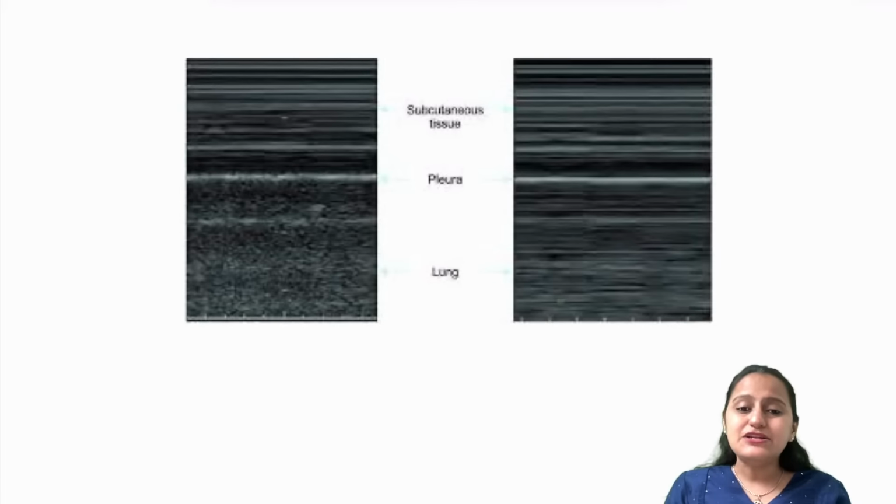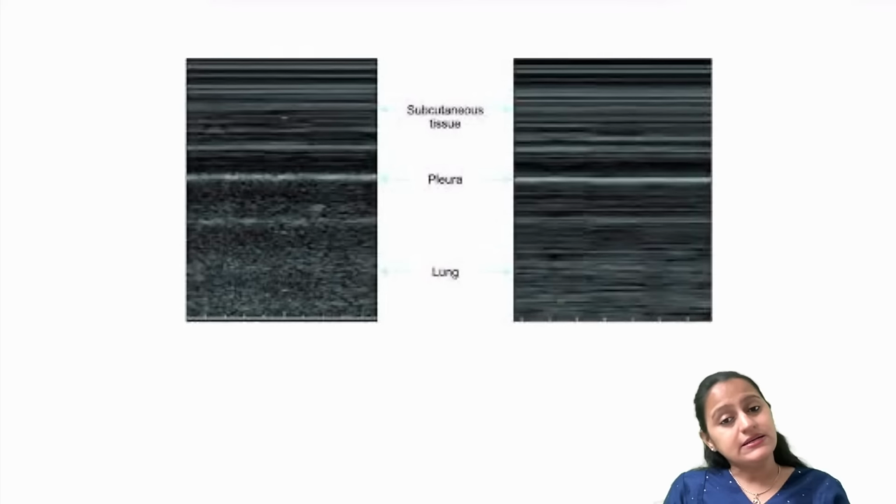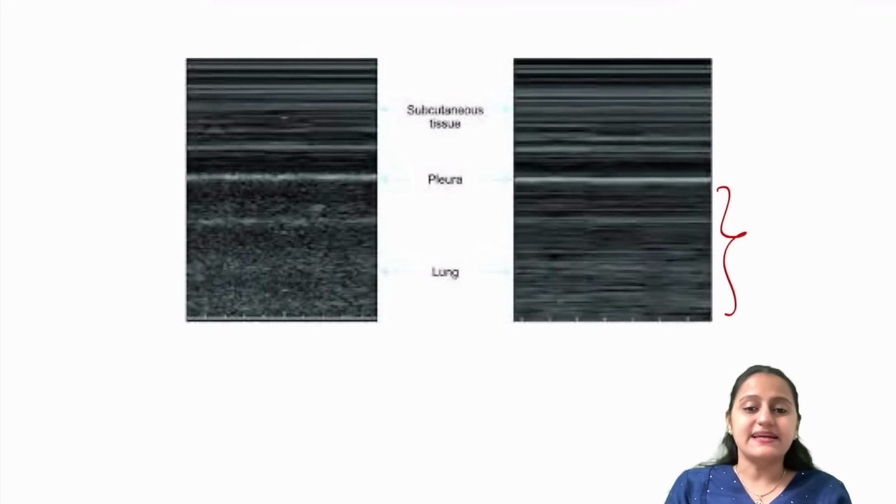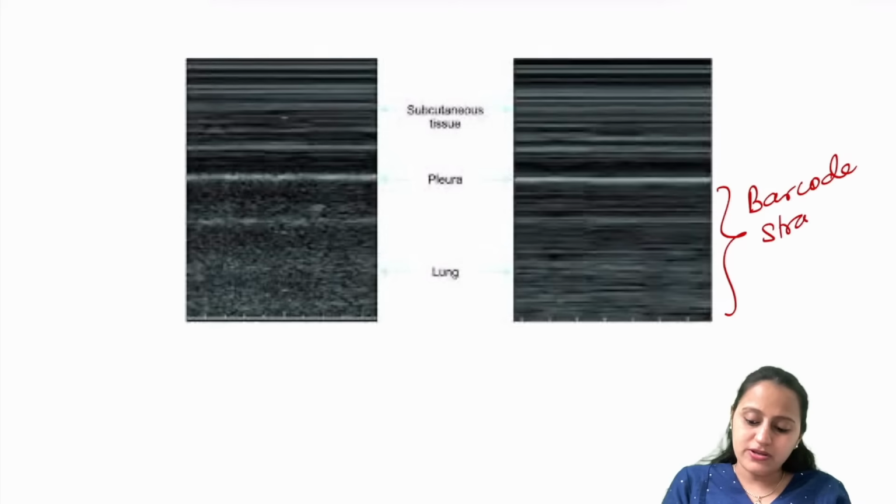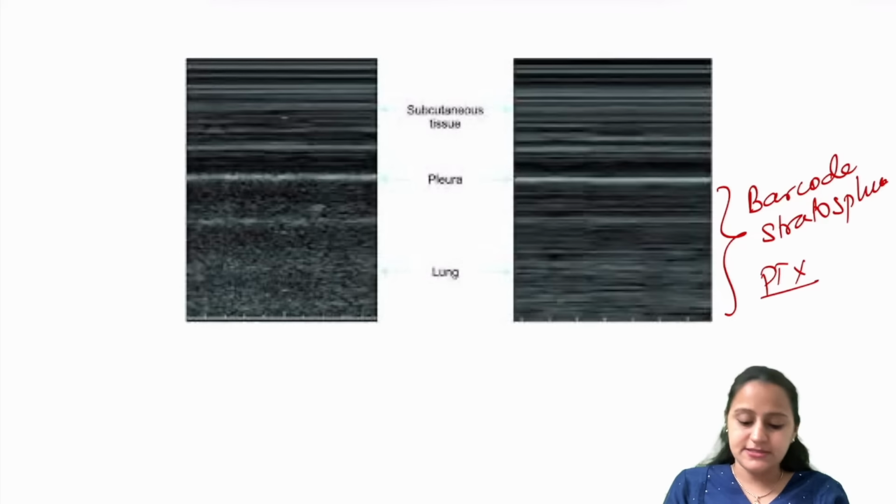Now, what is the sign in pneumothorax that you see on ultrasound? When you do EFAST in M mode, remember this sign, the flat lines in the lower half of the image. This is the barcode sign or the stratosphere sign, which is seen in pneumothorax.